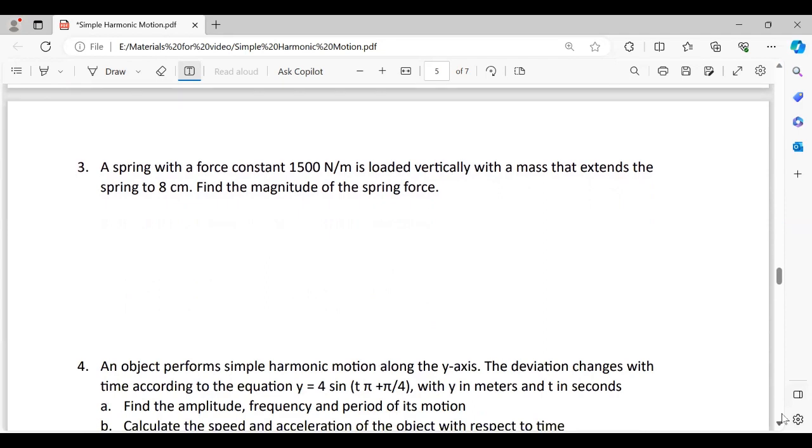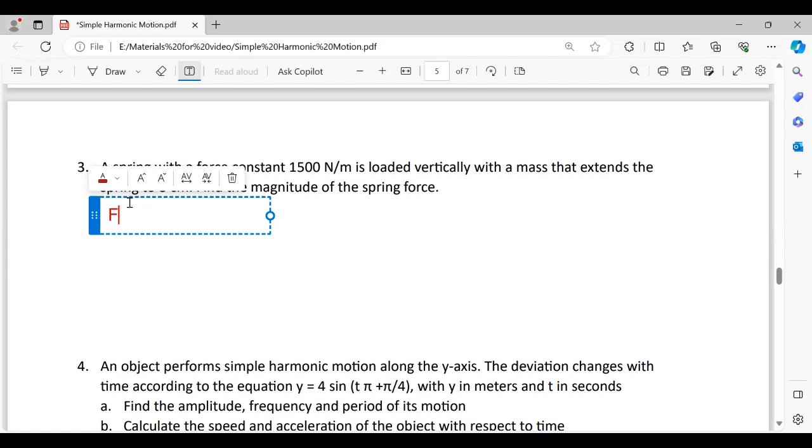Okay, next for number 3, a spring with a force constant 1,500 Newton per meter is loaded vertically with a mass that extends the spring to 8 centimeters. Find the magnitude of the spring force. I've seen this simple calculation. Just force.